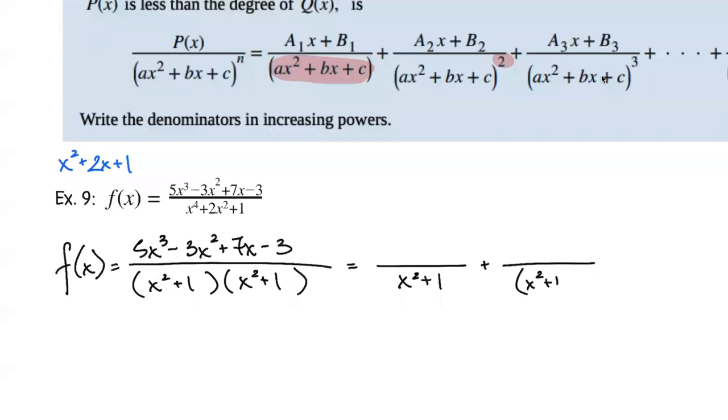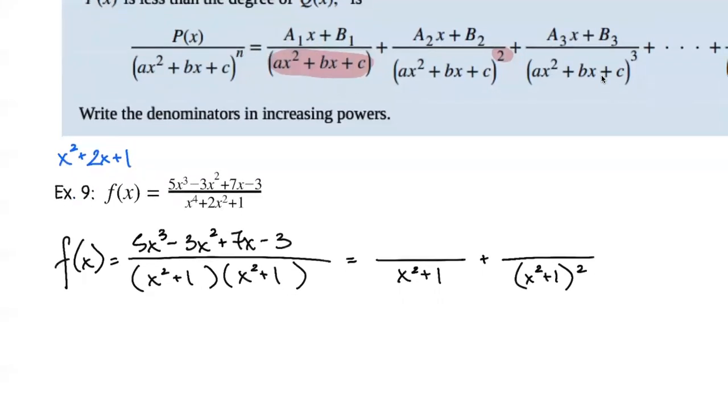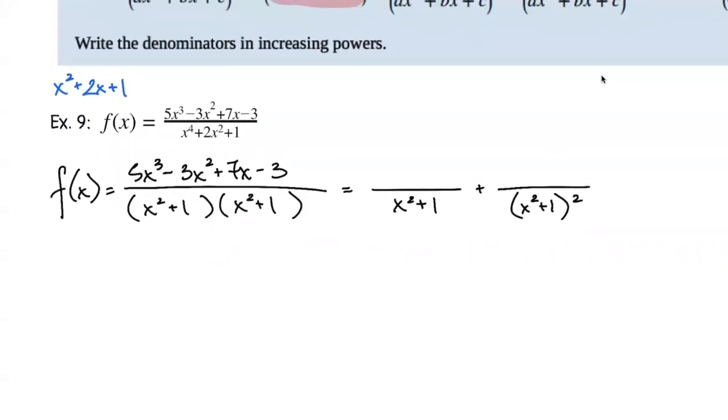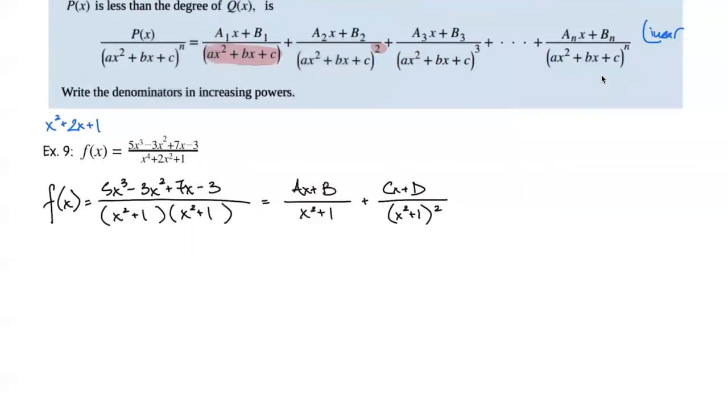Perfect. So we've got x squared plus 1, and then the second one is the doubling of the first one, but both of these numerators are going to be linear. Now, in some ways, I think the repeated ones are a little bit easier for finding the least common denominator.